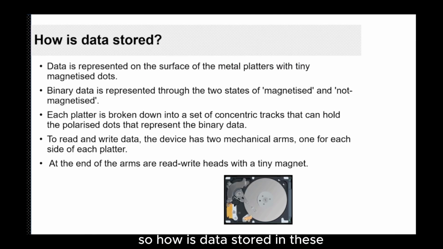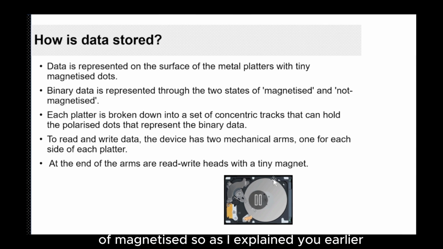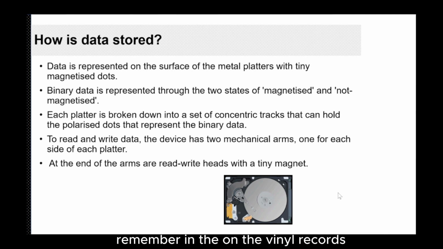So, how is data stored in these? Data is represented on the surface of the metal platters with tiny magnetized dots. Binary data is represented through the two states of magnetization. As I explained earlier, on the vinyl records we used to see little circles.